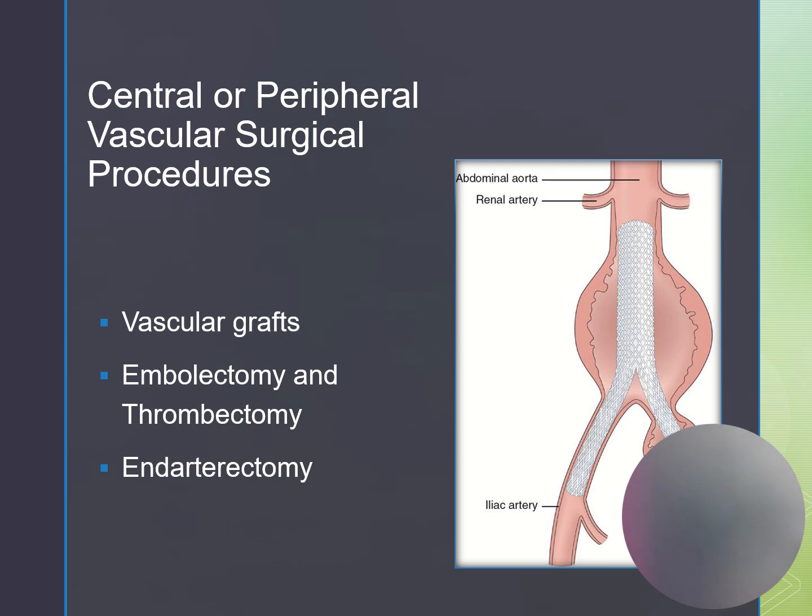We can also do central or peripheral vascular surgical procedures. This would include vascular grafts, where we bypass or replace diseased sections of major systemic blood vessels, such as the aorta, or the femoral artery, or the popliteal artery.